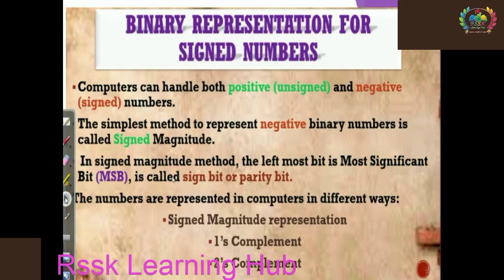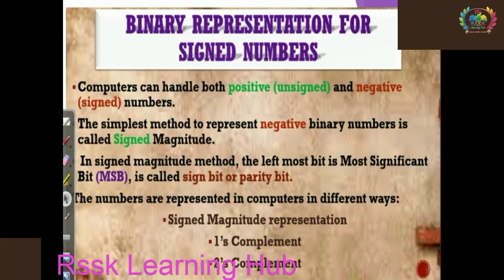What are the things you have to keep in mind? First, it should be a positive unsigned number, then a negative number. Negative number means signed number. The simplest method to represent a negative number is using the sign bit. The least significant bit value will be on the right side, and the leftmost bit is known as the most significant bit, that is MSB.